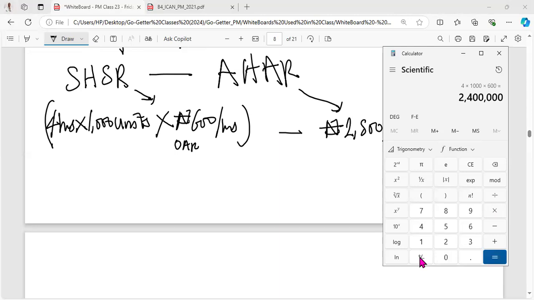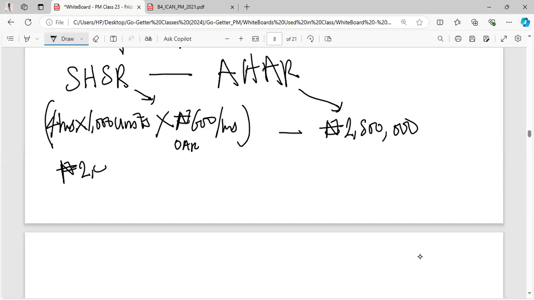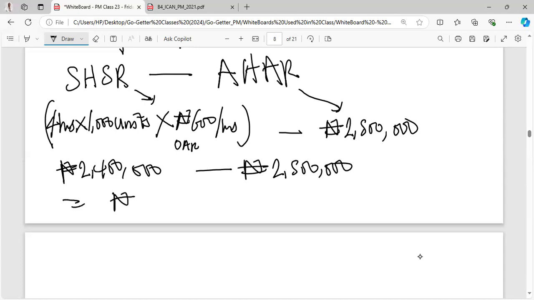That gives us 2,400,000. So this is 2,400,000 minus 2,500,000. So the difference here is 100,000. Now, is this adverse or favorable? If you look at it, standard is smaller than actual. So what we budgeted for, we spend more. This is adverse. Now, did we over absorb or under absorb?